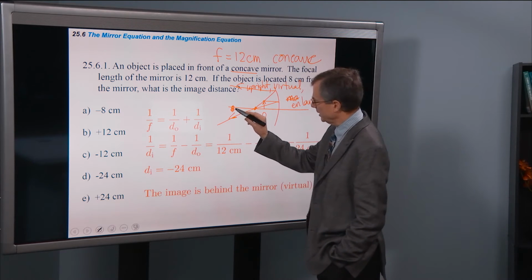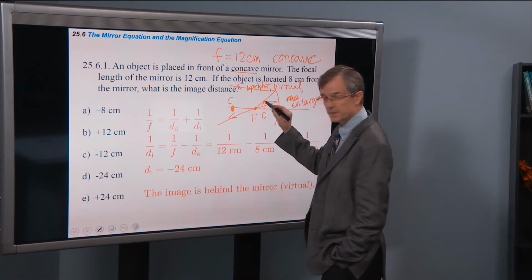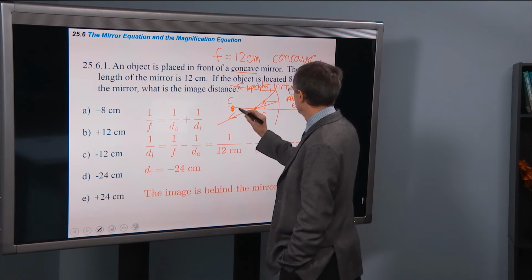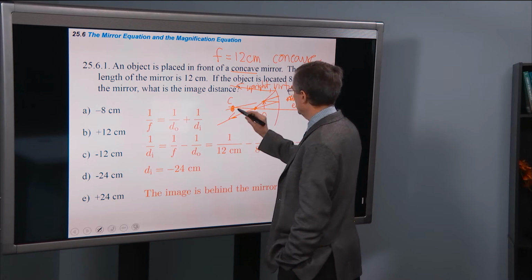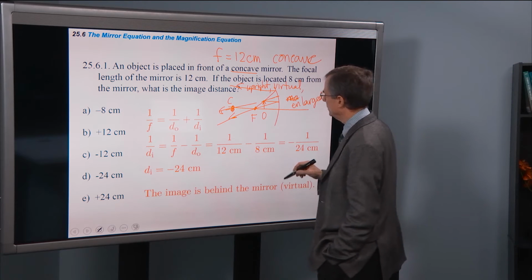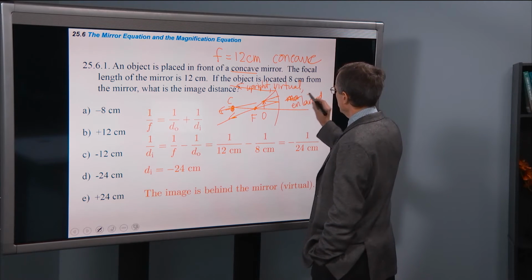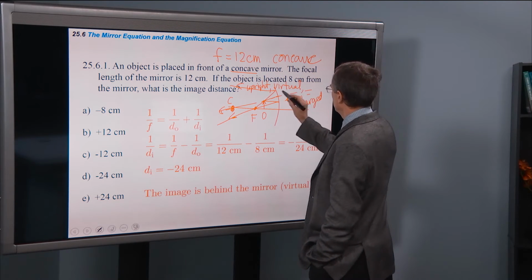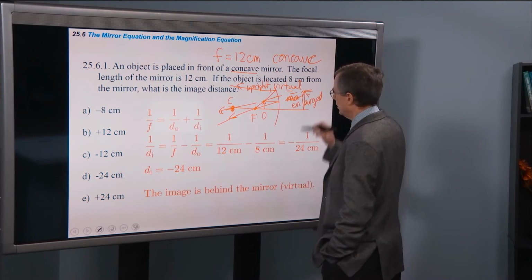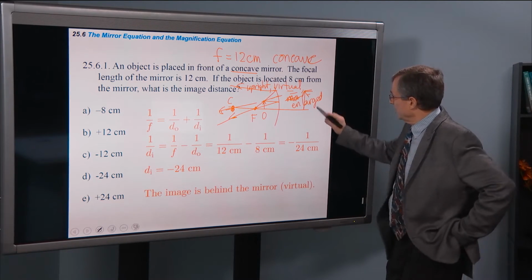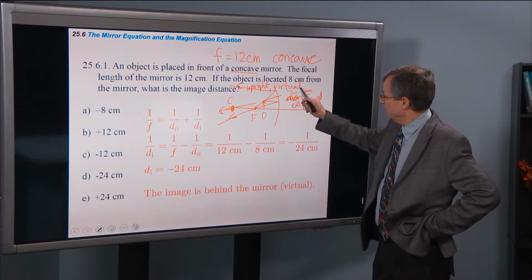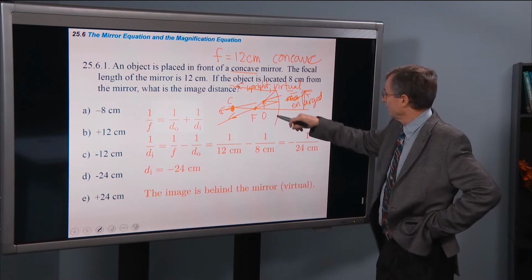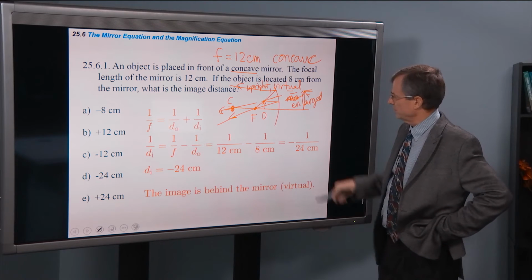If I draw the line from the center of curvature through the tip of this object, it's going to hit about here, come right back on itself, and head out for Timbuktu. These three appear to be converging somewhere over here. So we had to extend the rays to get the image, so it must be virtual. It's upright, and it definitely looks enlarged here.